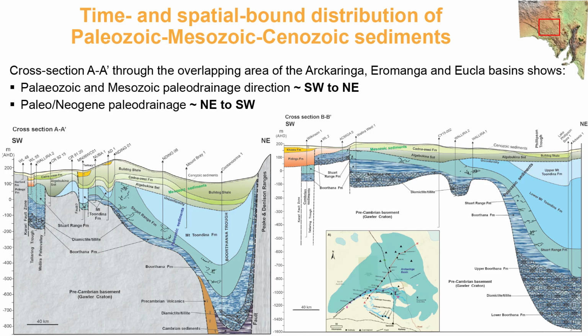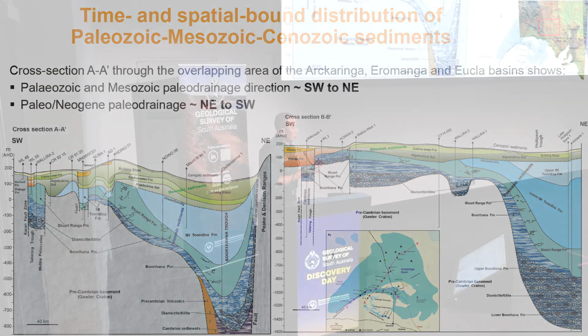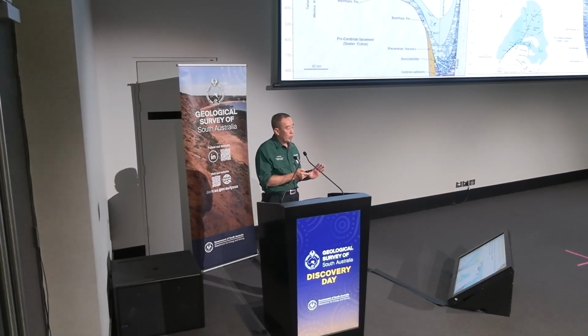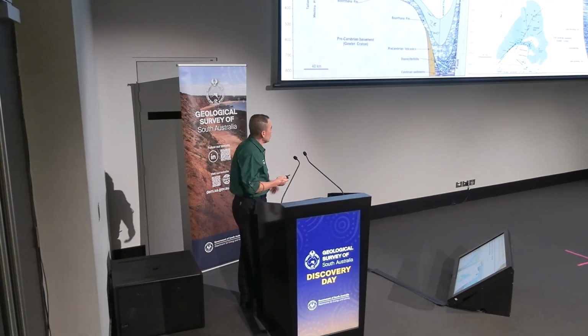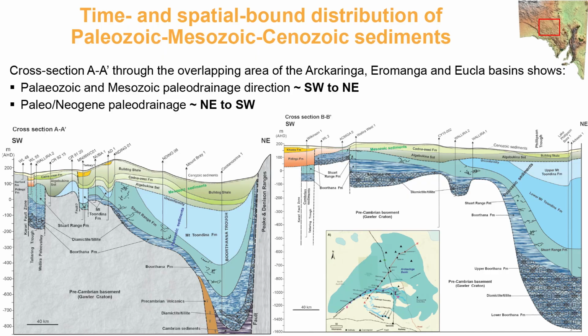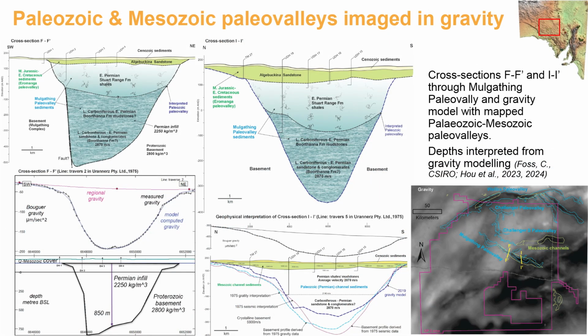This is the Paleozoic, this is the Mesozoic, and this is the Cenozoic. The older ones, the Mesozoic and the Paleozoic paleovalleys, flow in the opposite direction compared to the Eucla Basin, and the Eucla Basin goes this way around. This is important for the next slide.